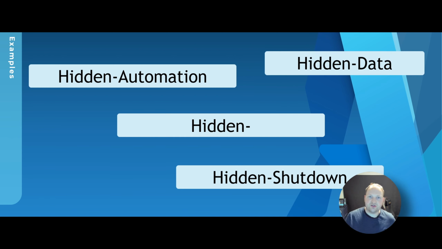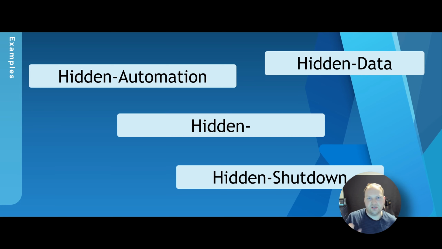You could add extra data to it. So hidden dash data, you could add extra data, extra metadata, resource type, resource name, who it was created for. Any string value can be used as any tag, compatible resource type, for the key value pair.